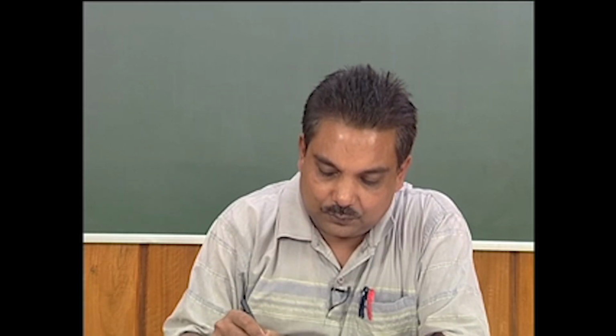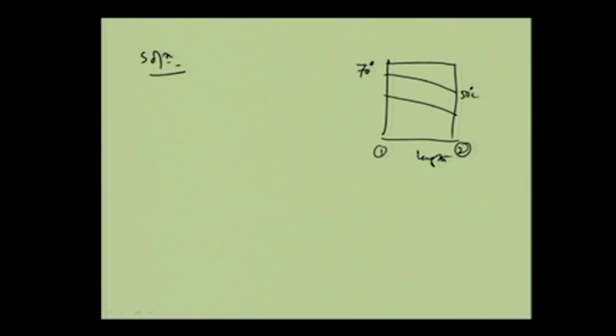Now, to start with the solution, just a rough sketch of the temperature profiles. If you see this length, this is station 1 and this is station 2 of the double pipe heat exchanger, and it is a counter current flow. So, here it is 50 degree centigrade, and then 70 degree centigrade, and here it is 30 degree centigrade, and there it is 40 degree centigrade. So, this is delta T 1, it is 30 degree centigrade, and here it is 20 degree centigrade.